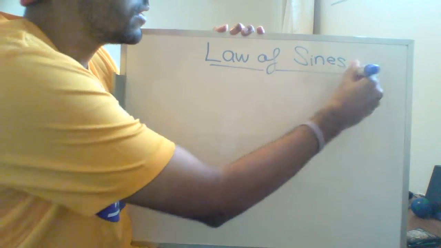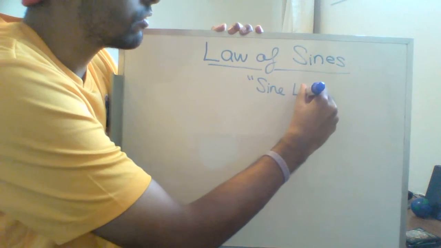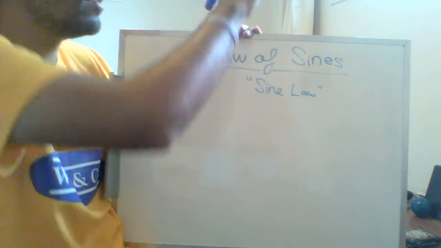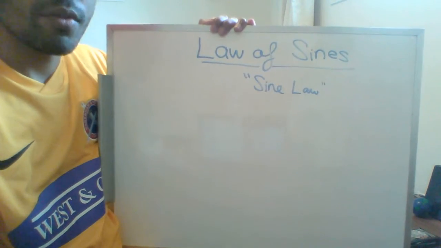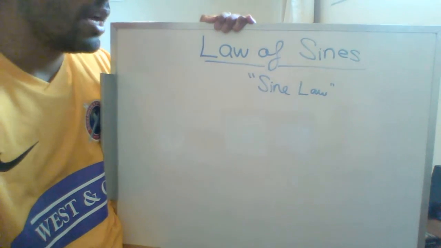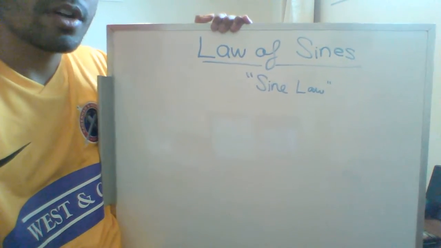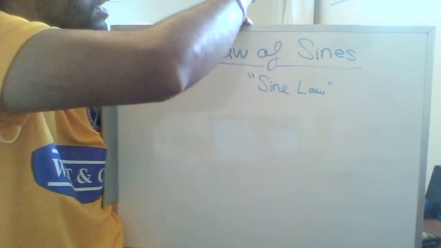When I was learning this in school, we just called this sine law, and the law of cosines was cosine law. So you can call it either. I might write both on your tests or exam, whatever.